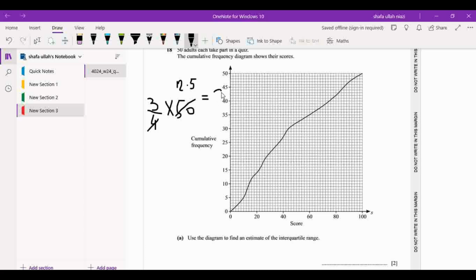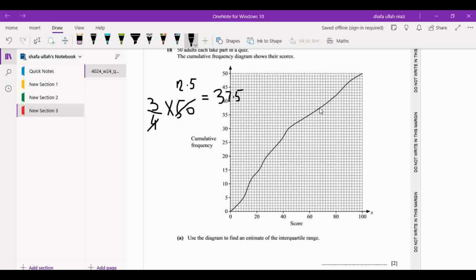So upper quartile is the 37.5th value, the value corresponding to 37.5. Midway between these two numbers, 37 and 38. So I do it for you.